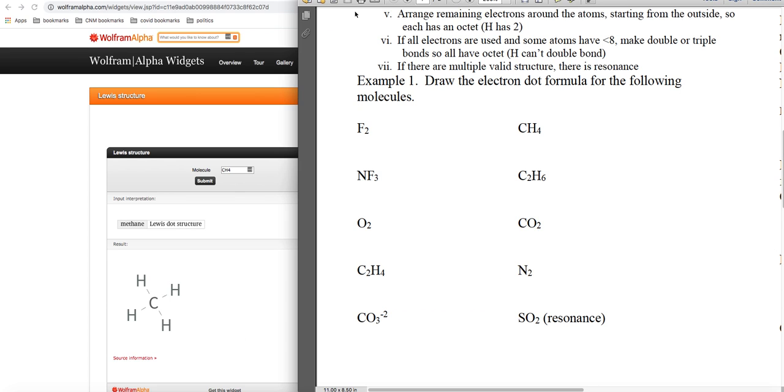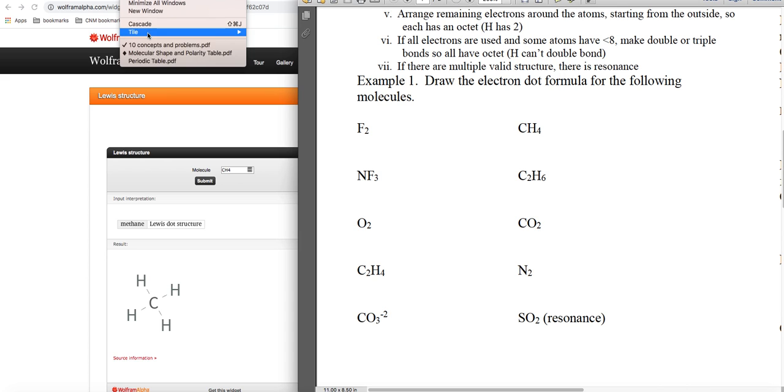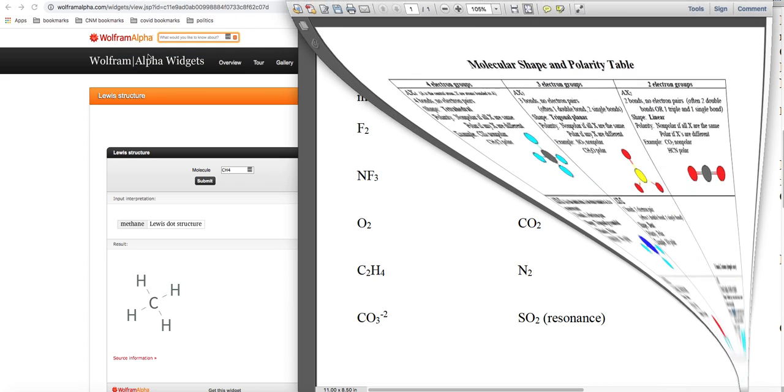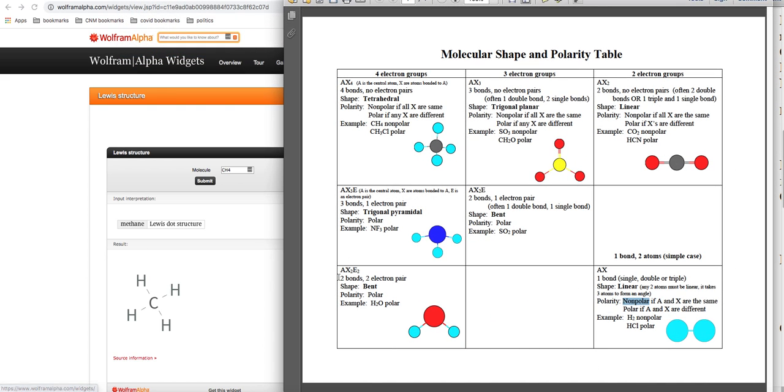Then when we go to the next step to figure out what shape it is, this one's a little more complicated, but you can already see right away that it's going to be this one because it's something in the center with 4 things attached to it. So they're calling it AX4.